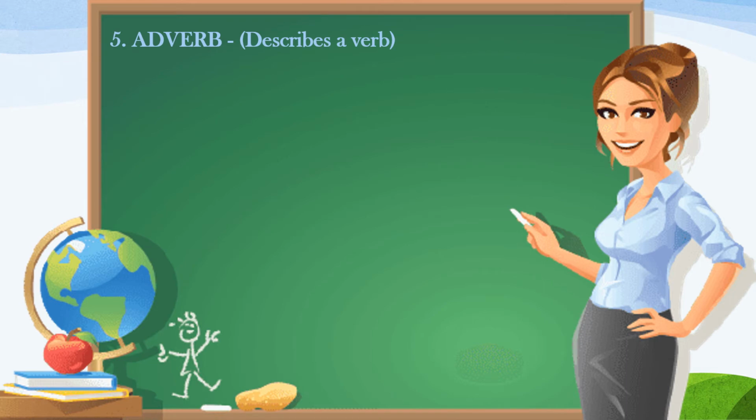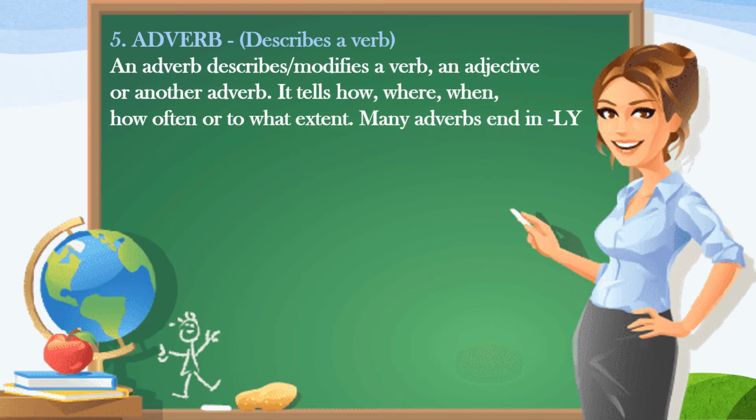Let's come to the adverb. An adverb is a part of speech which describes or modifies or gives some more information about a verb, an adjective, or another adverb. So, it tells us how, where, when, how often, or to what extent things happen.